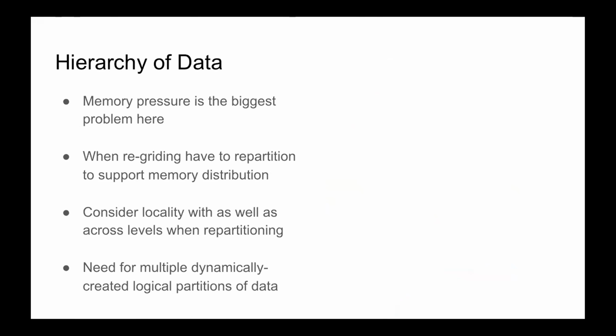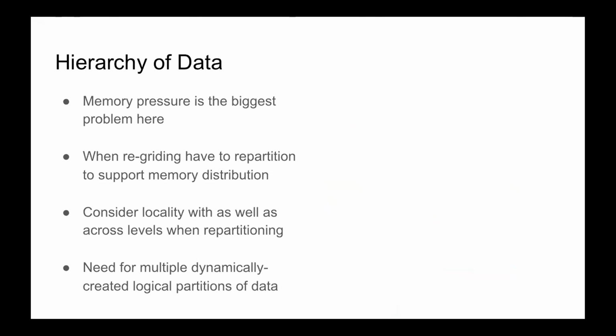And this is actually an incredibly hard problem for them to deal with, because when you repartition, you have to think about all the locality that happens, not just within a level, with nearest neighbors and stuff, but also the locality between your partitions of your parent level and your child levels, and how they've been partitioned and how their data has been placed. This creates a lot of problems for them.